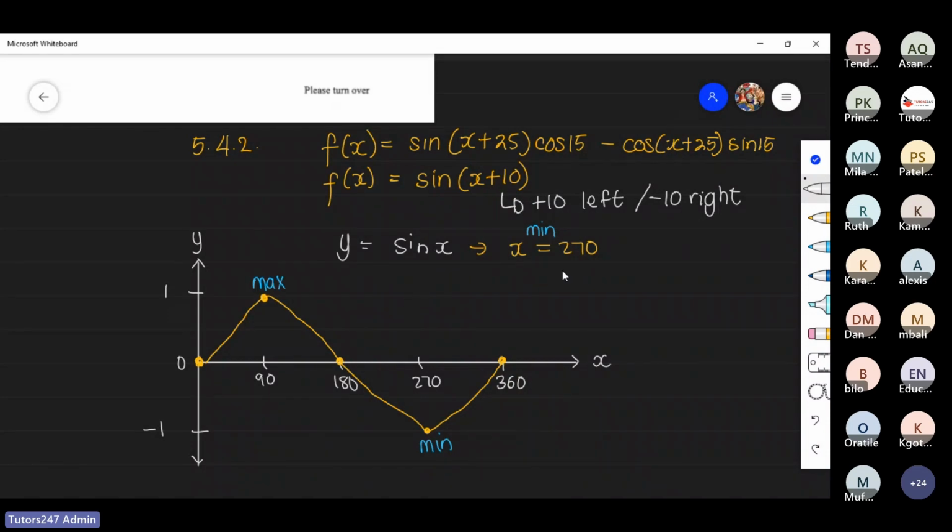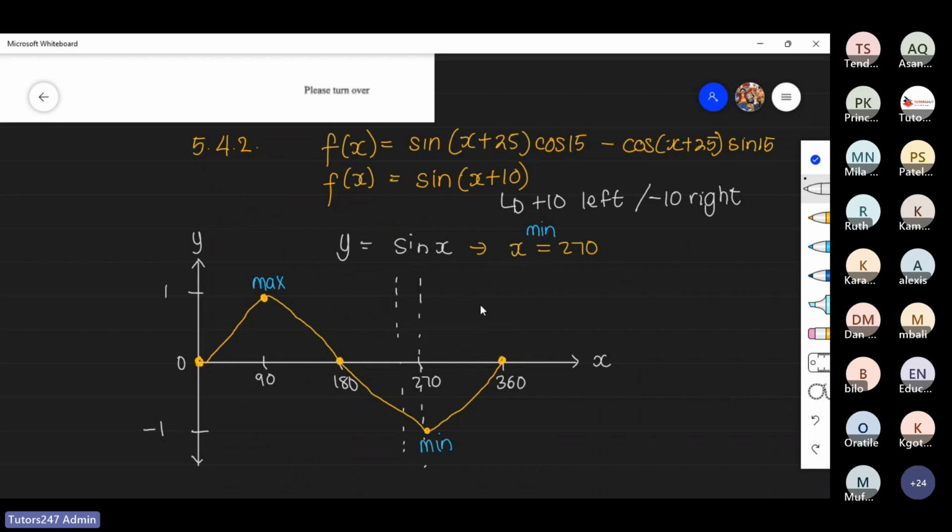Now, our minimum value is here at 270. If we shift this minimum value 10 units left, we get 260, not 270. Because remember what I said, plus 10 means left.